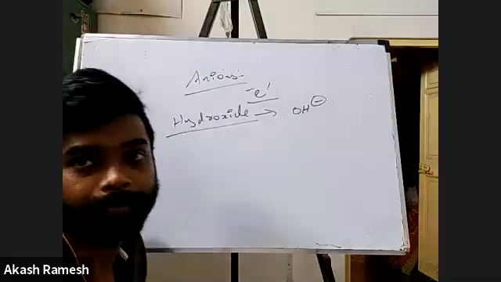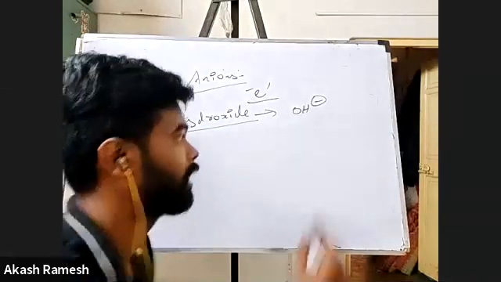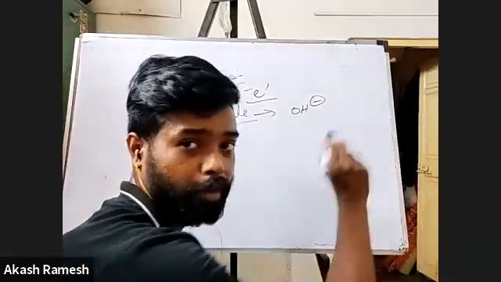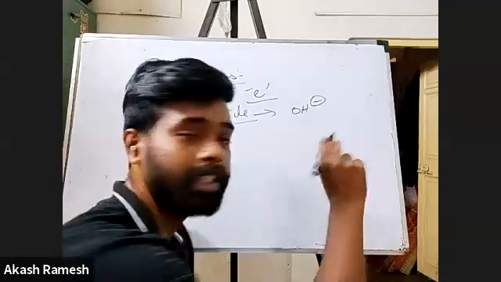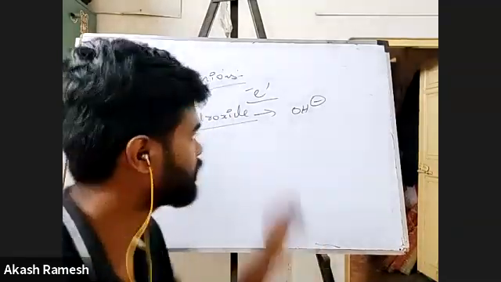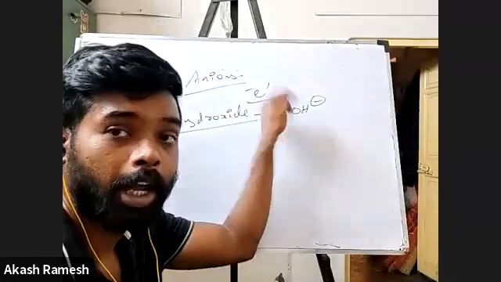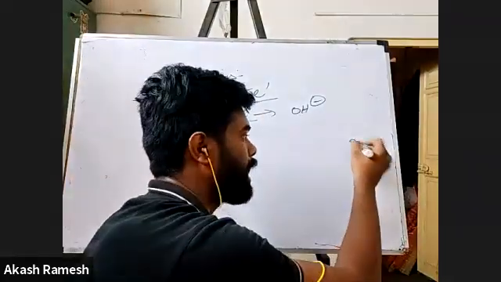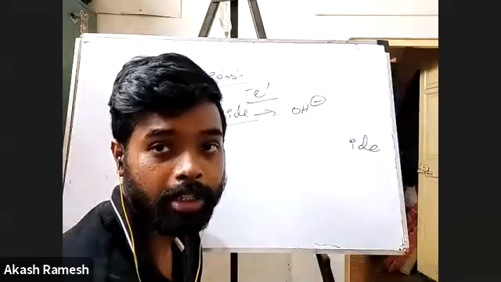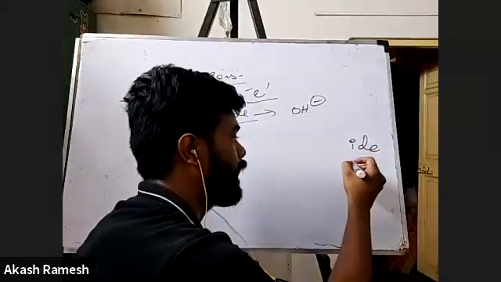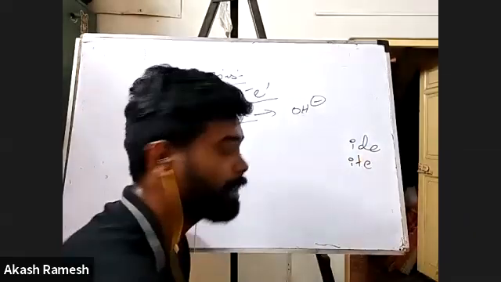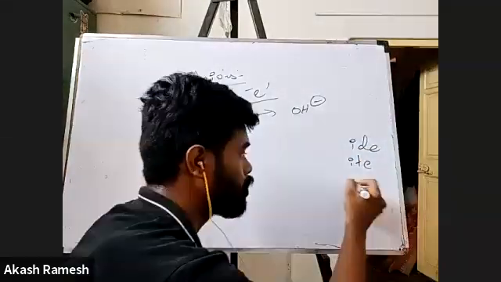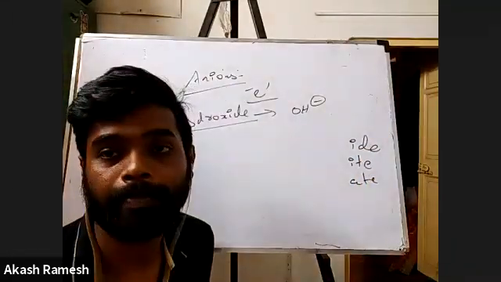And one more thing. Generally when you go for anions, you will see that it can end in 3 ways. Obviously, ending with E, but before E, what all you can have, I'll tell you. You can have IDE, or you can have ITE, or you can have ATE.